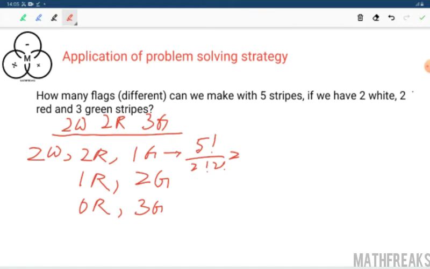Then it is 120 over 4, which is 30 possibilities.